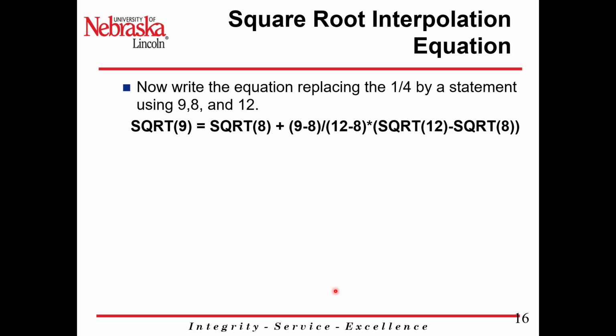Again, these are the 4 equations. So you have square root of 9, the delta, change in x, and change in y. So we get 1/4 of the way between 8 and 12, which is 9 and 8.